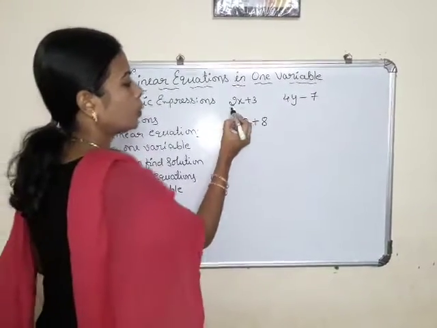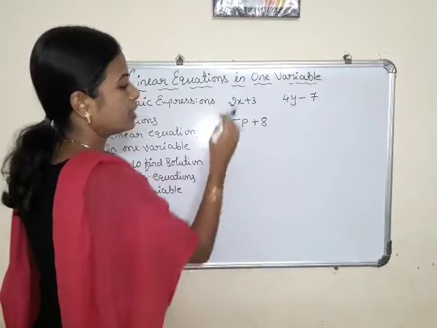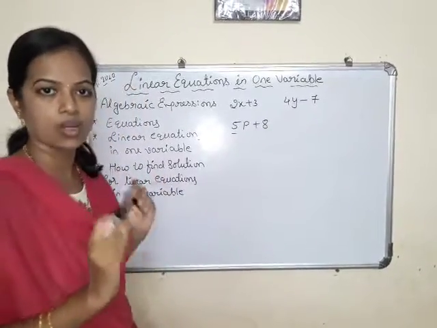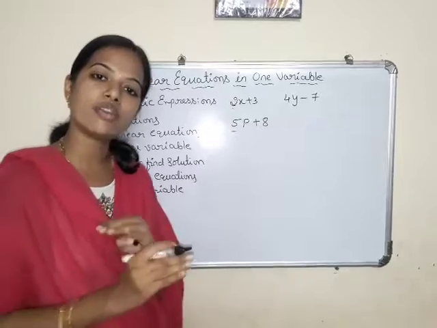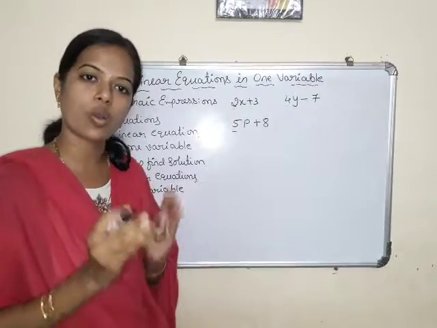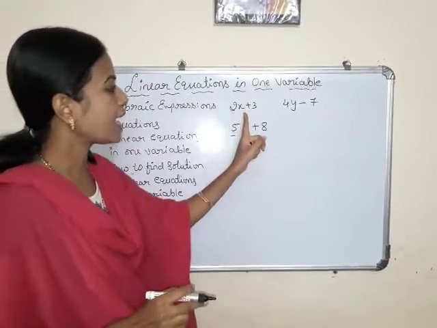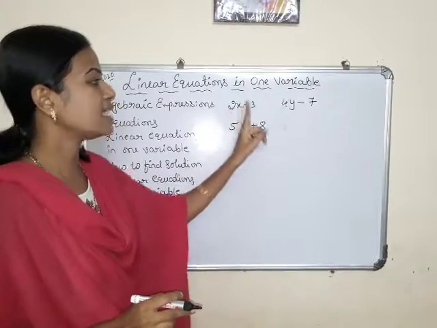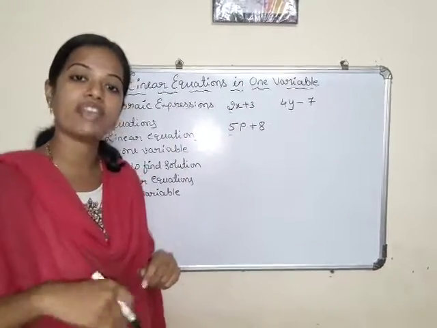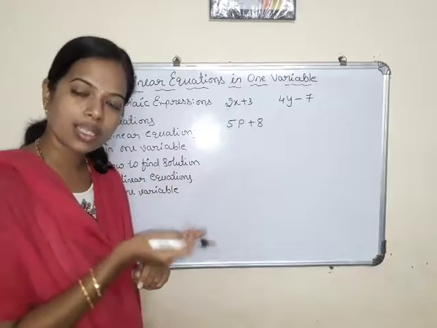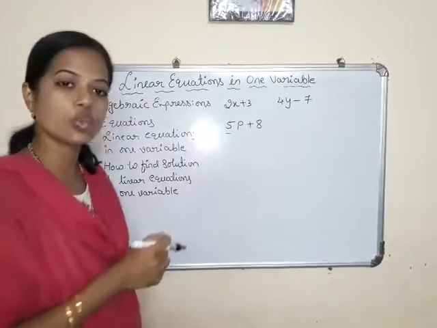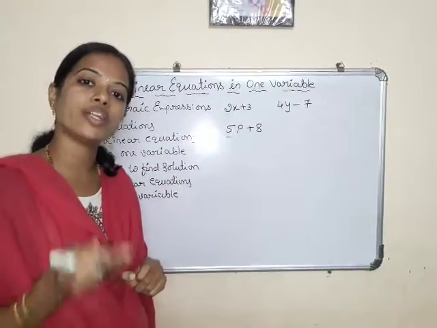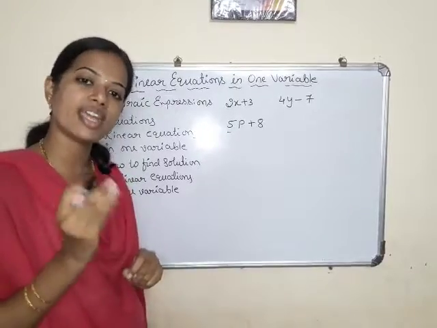Here 2, 4, 5 are called constants. Constants are values that do not change; a constant is always constant. And x, y, p are called variables. They vary according to the equation or the situation; the values are going to change. So those are called variables.